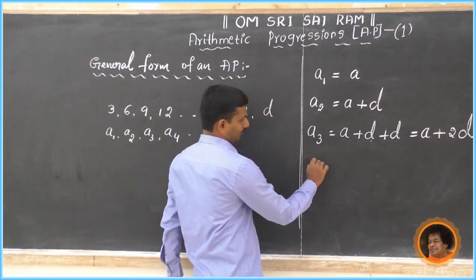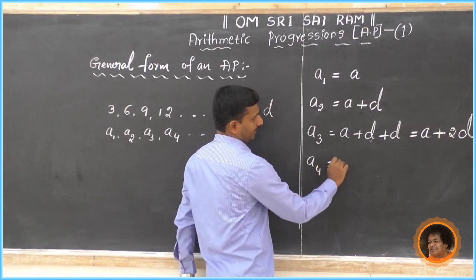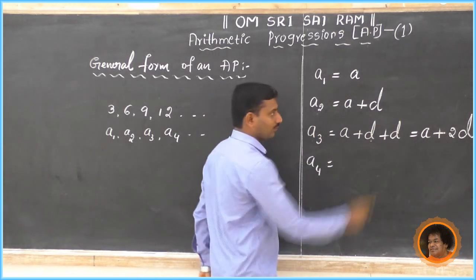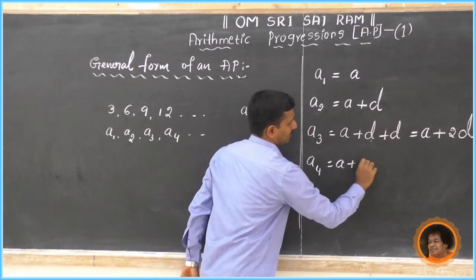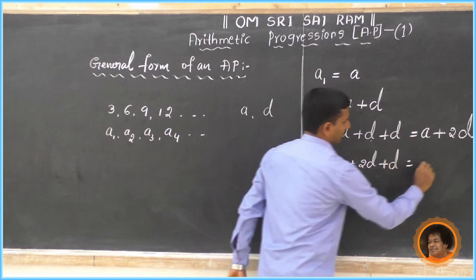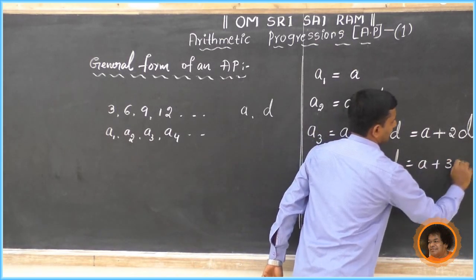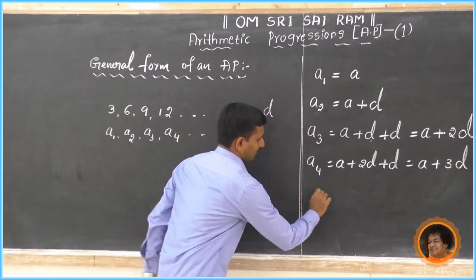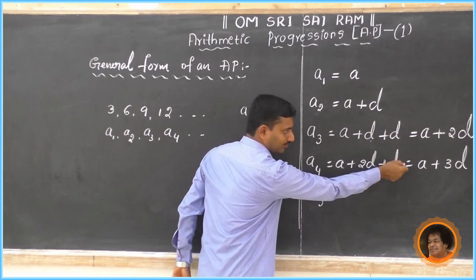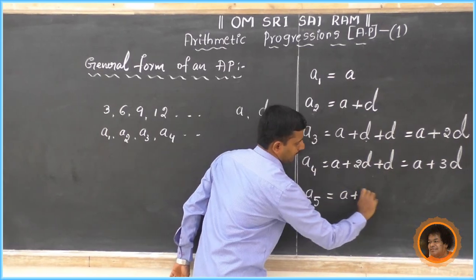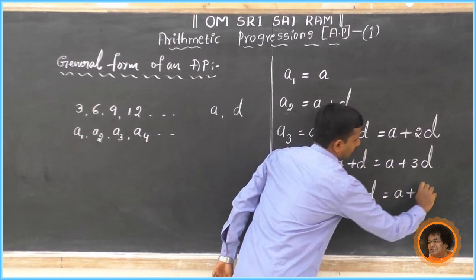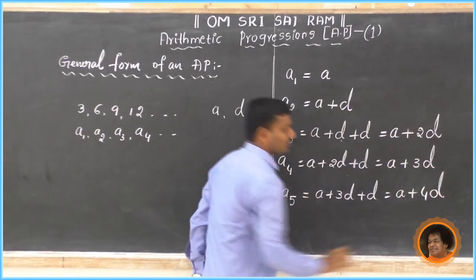What about the fourth term? A4 equal to third term plus common difference. So what is the third term? A plus 2D plus common difference D, equal to A plus 3D. And what about the fifth term? Fifth term is fourth term plus common difference. A plus 3D plus D equal to A plus 4D, and so on.